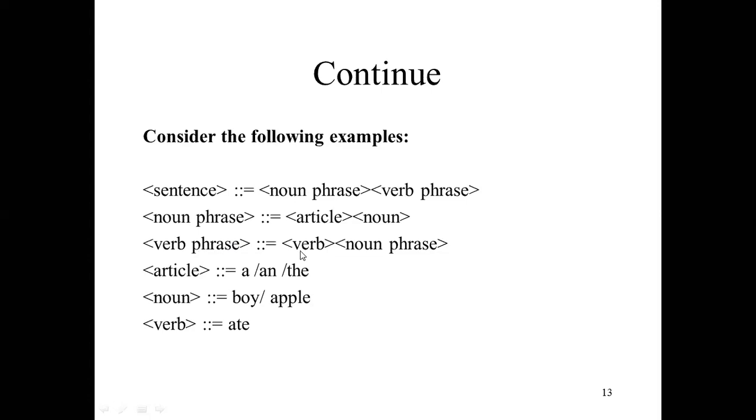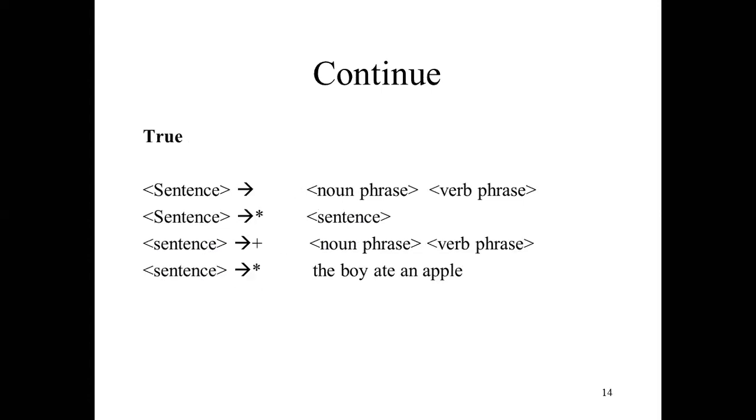We can break verb phrase into verb and then noun phrase. What is article? We have the choice. What is noun? As provided in the sentence, boy and apple are nouns. Verb here is ate. Now we can see it again in the next slide.